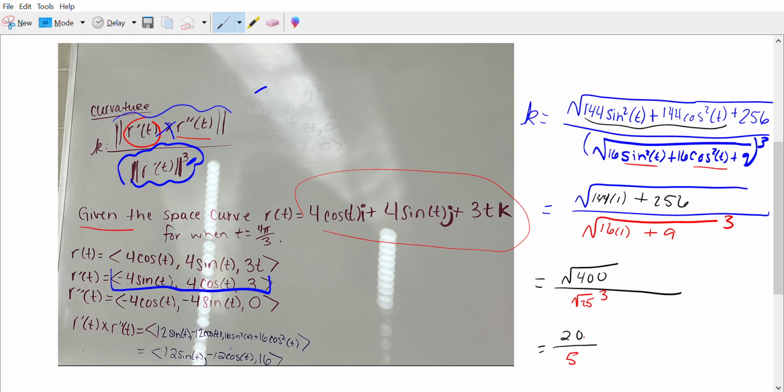So then that becomes 5 cubed. So then we have 20 over 125. And now we simplify. You can divide a 5 out of both and get 4 over 25.